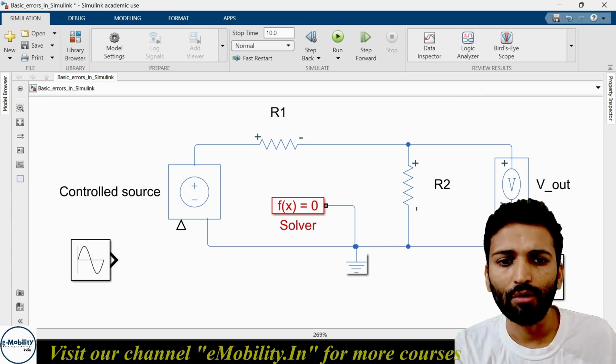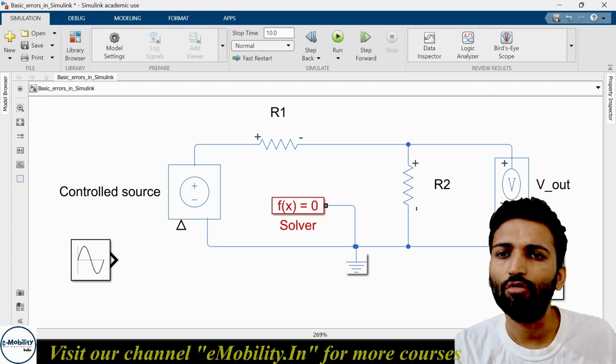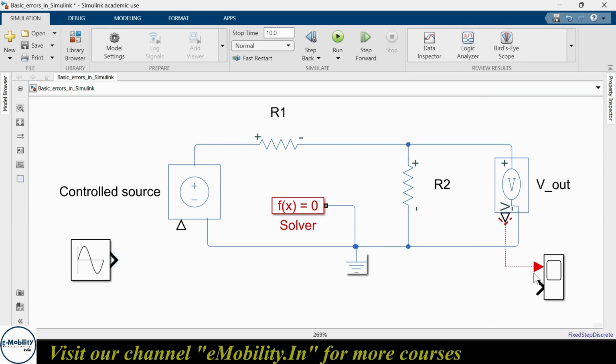Similarly, if I want to connect this to this, it is also not compatible. You can see this dotted red line, which is not able to connect because they are not compatible. So we will be finding a converter.